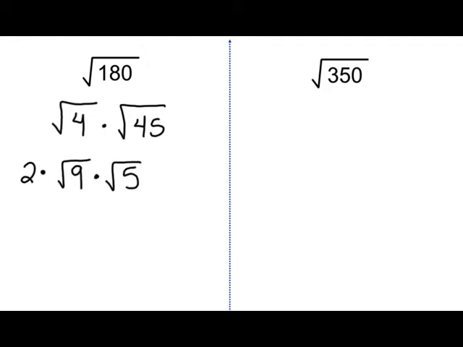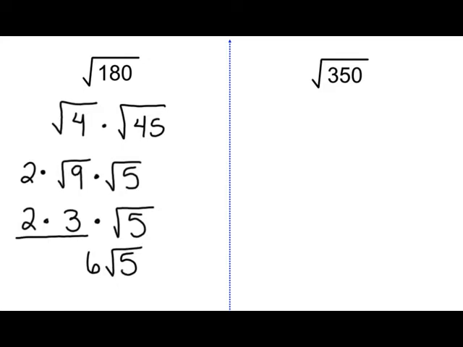The square root of 9 is 3, so 2 times 3 times the square root of 5, and 5 is what we call a prime number. It doesn't have any pairs, so we leave it. So the answer is whatever 2 times 3 is, which is 6, square root of 5, and that is the exact answer.